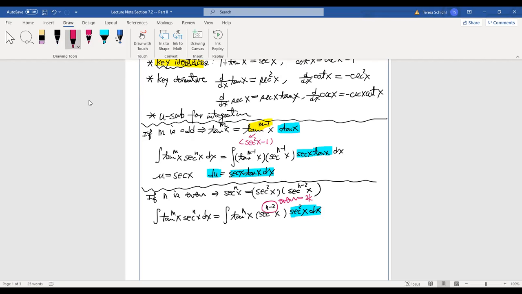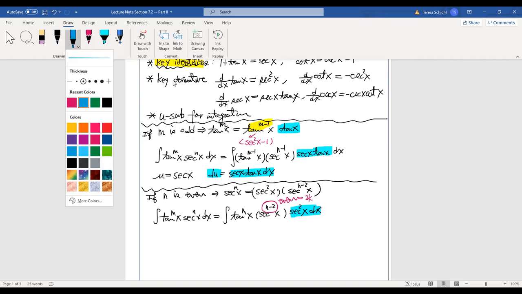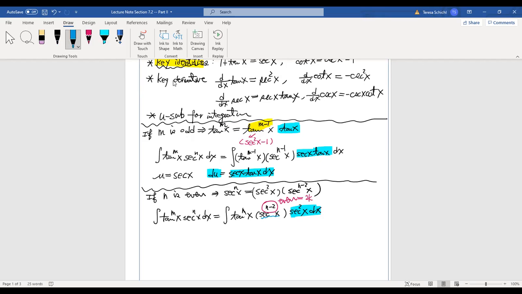Now you will see the reason why: I can use the identities here. This will be tangent^m x, then I can put the secant squared as 1 plus tangent squared x to the k power, then here is the secant squared x dx.